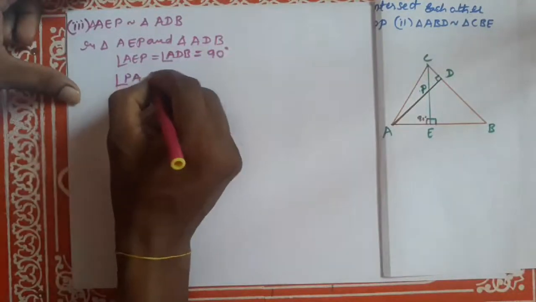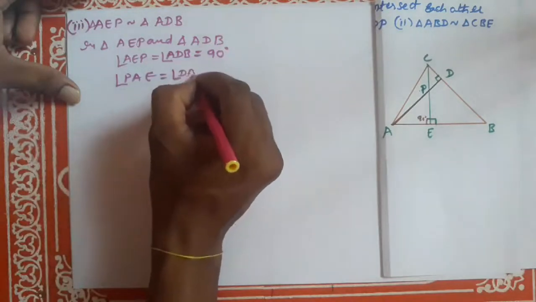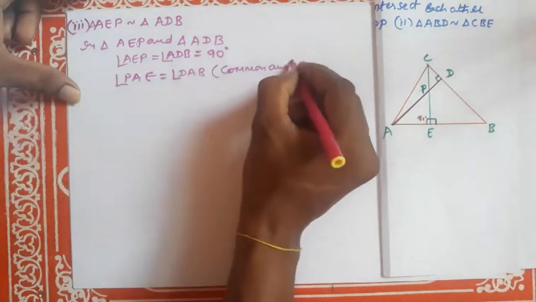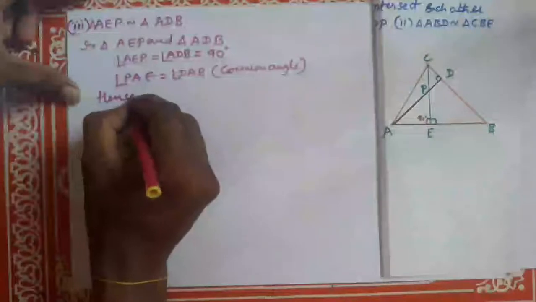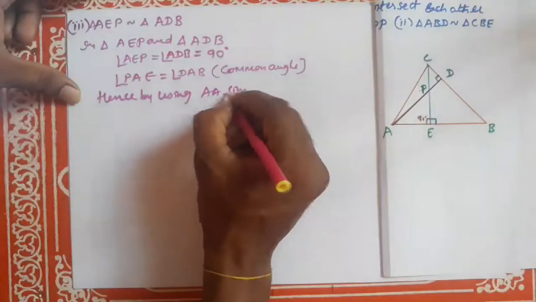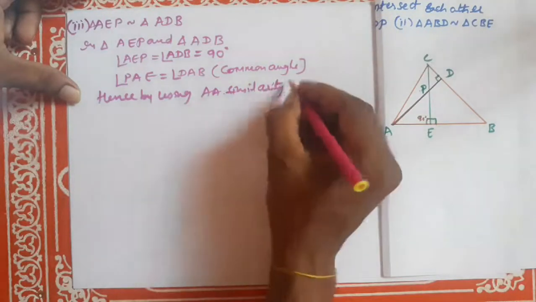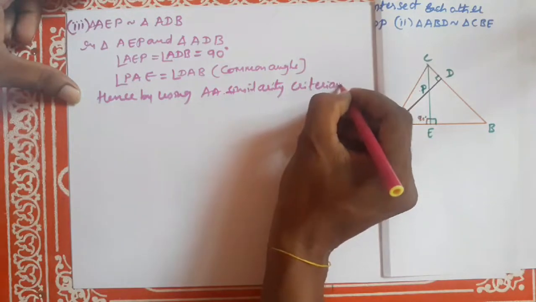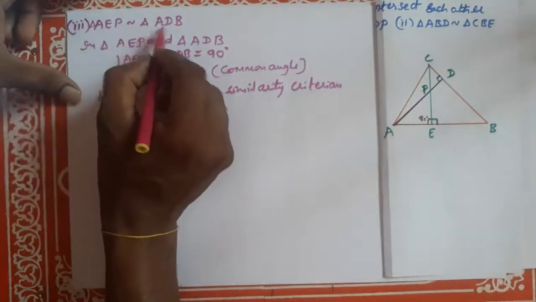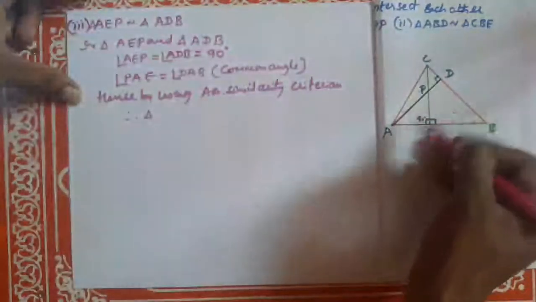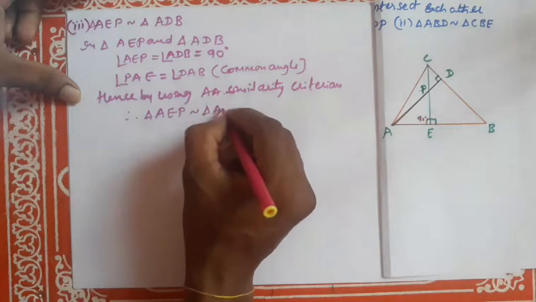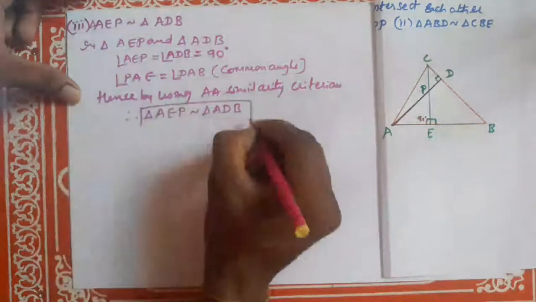Angle PAE is equal to angle DAB, the common angle, angle A. Hence, by the angle similarity criterion, triangle AEP is similar to triangle ADB. Proved.